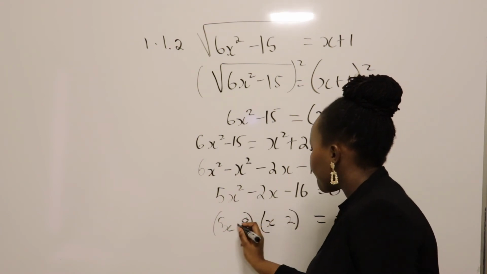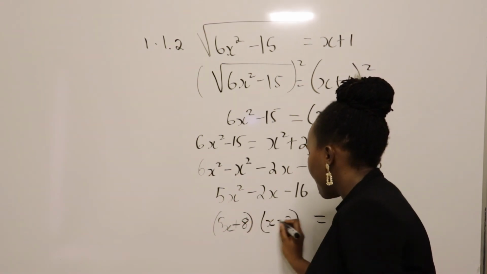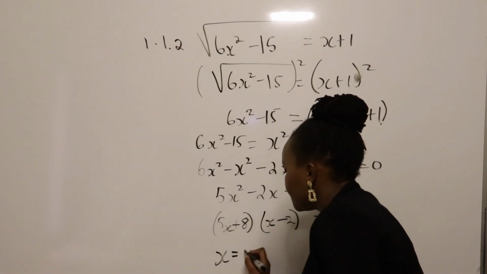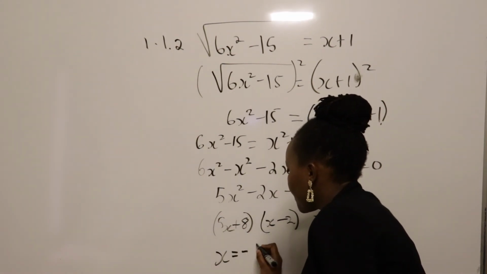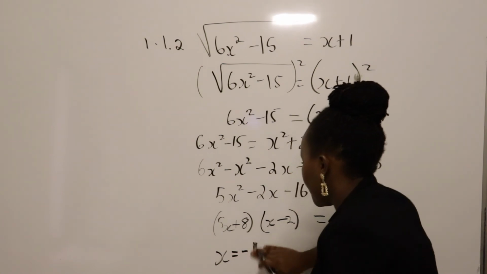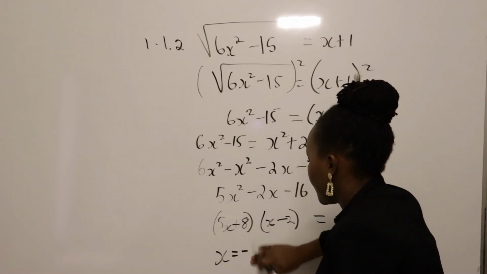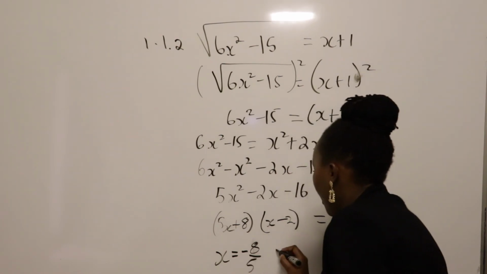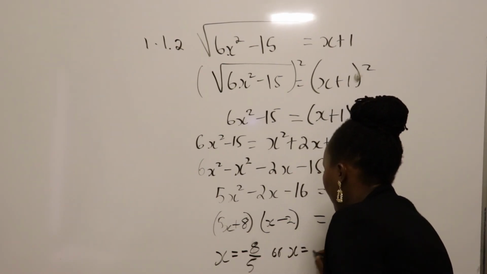So this one will be plus and minus. So my final answer, x, will be equal to minus 8 over 5, or x equal to 2.